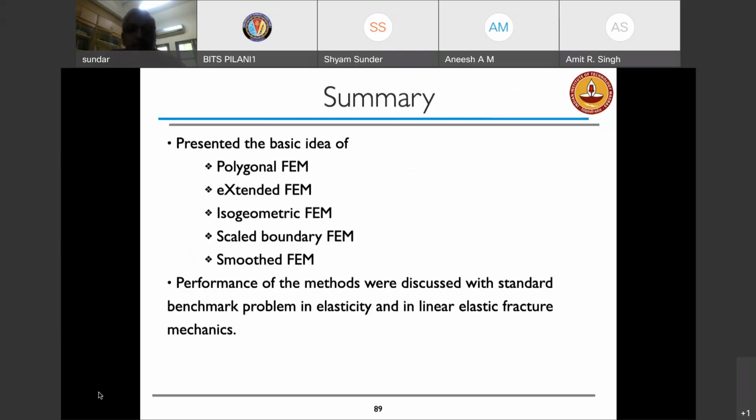All right, so that comes to the summary of my talk. Hopefully I gave you a basic idea of different techniques: polynomial finite element method, extended finite element method, isogeometric analysis, scaled boundary, and smoothed finite element method. Of course, very basic standard benchmark problems. The performance of these methods was discussed, and application to linear fracture mechanics was presented.